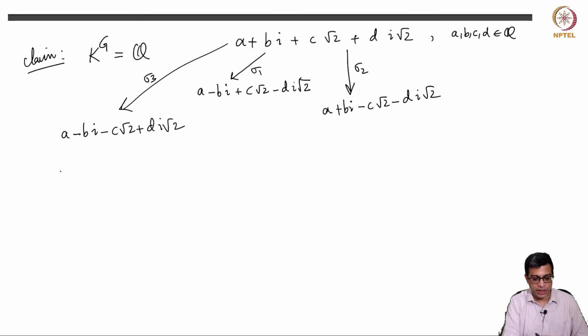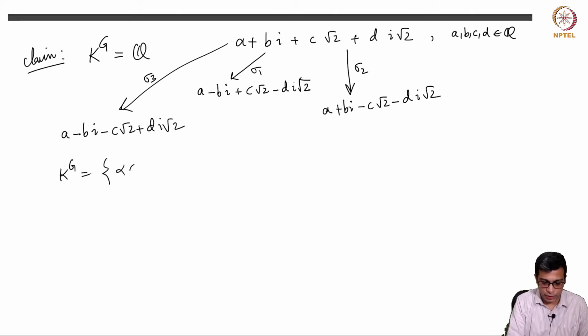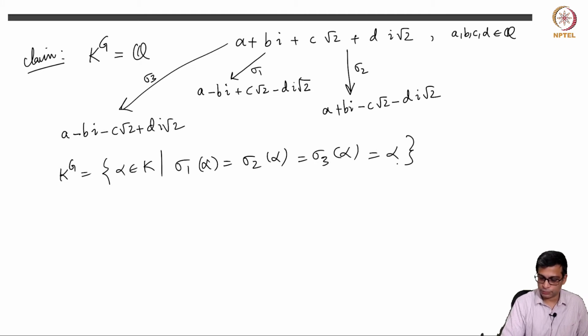And K^G is all elements alpha in K such that sigma 1 of alpha equals sigma 2 of alpha equals sigma 3 of alpha equals alpha. So all of these are equal to alpha, right?